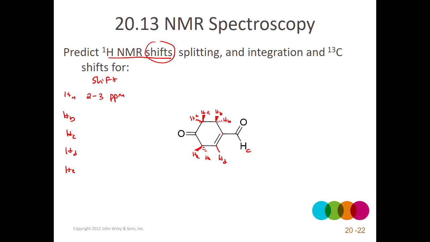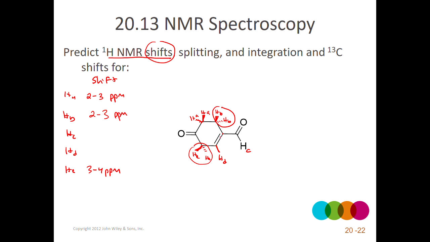And we could say the same thing about the protons over here, except they're also 1 away from a CC double bond, which also causes de-shielding and shifts it down by about another ppm. So hydrogens of type E would probably be between 3 and 4. The hydrogens of type B, too far away from that oxygen to be affected by it, but they are allylic to the pi bond, so we'd expect those to probably be between 2 and 3 as well.